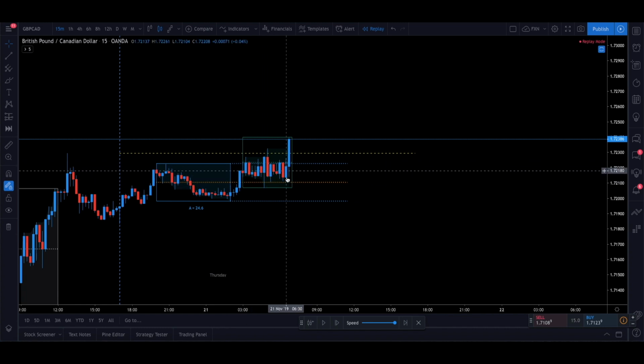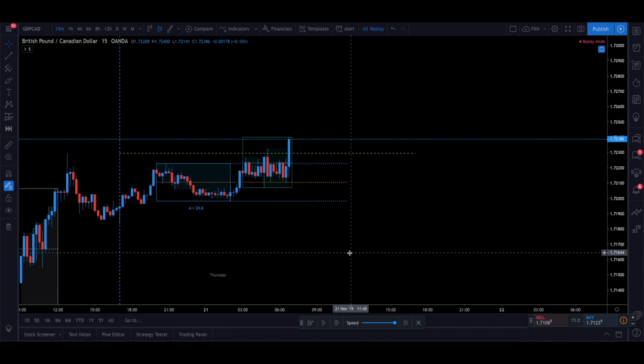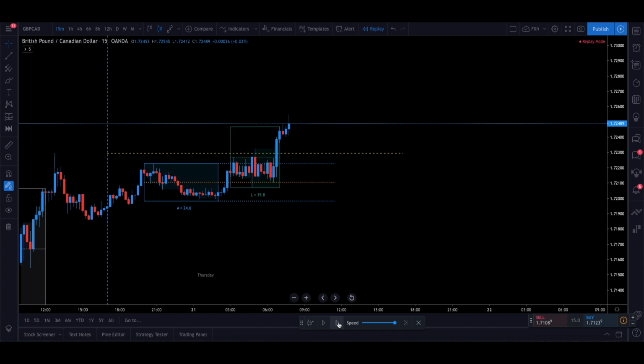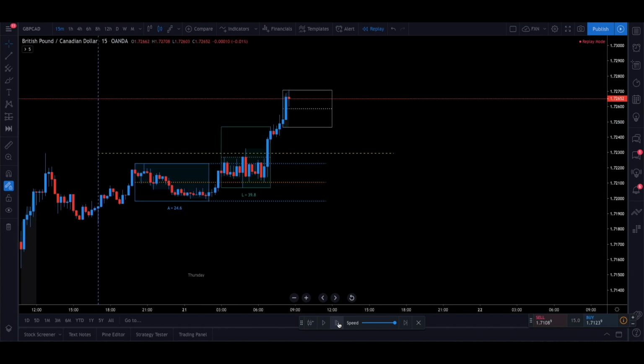Once they have enough contracts, that's when they'll move up and get out of there, right? And that's basically what they did the first 4 hours of this London session. And then they finally moved up, and they went up and got out of there.